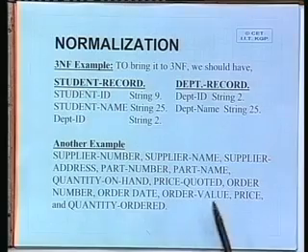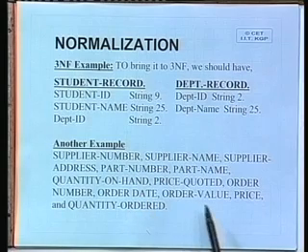Whenever you want some material, you go to a supplier, and the supplier quotes a price. Then whenever an order is given, there is an order number, an order date, an order value.